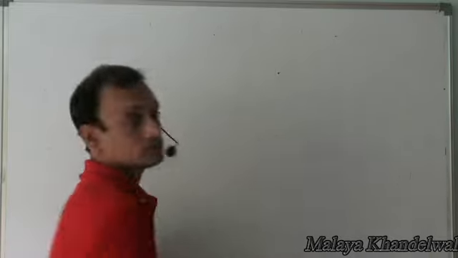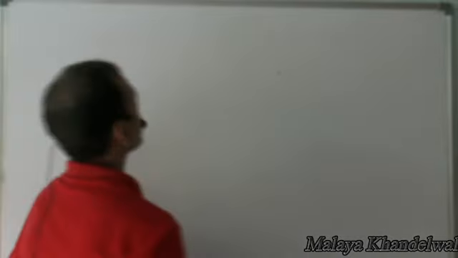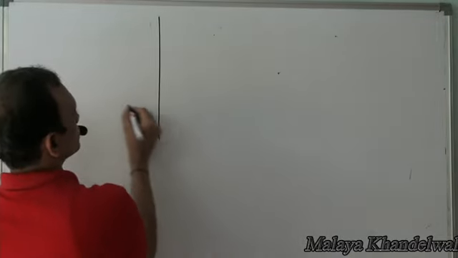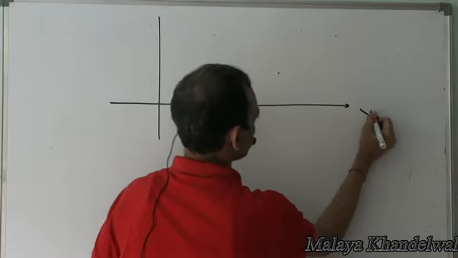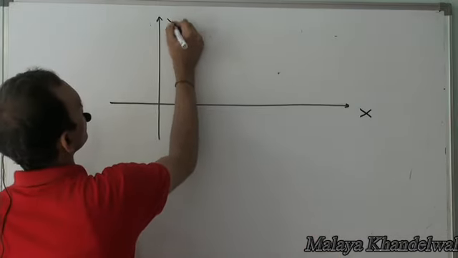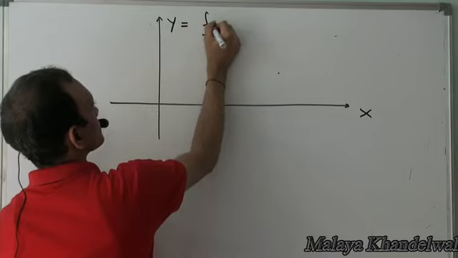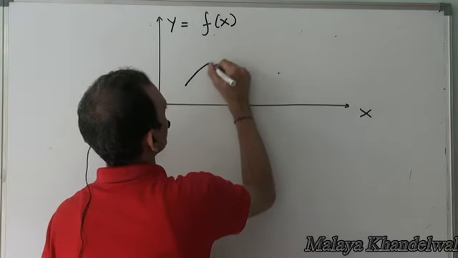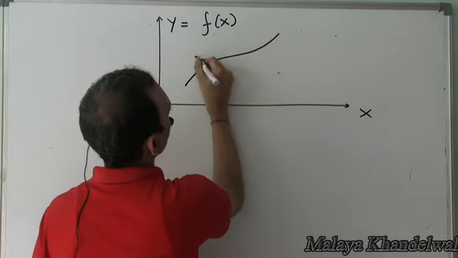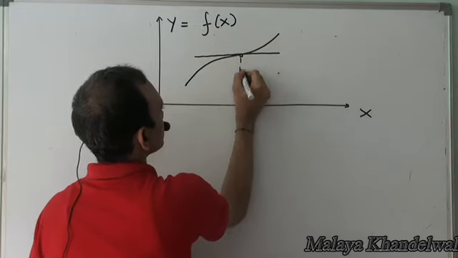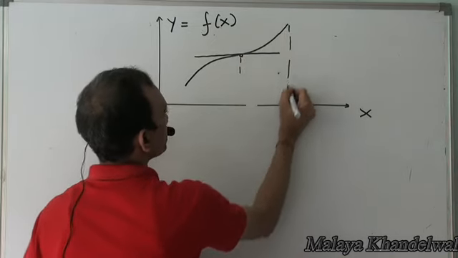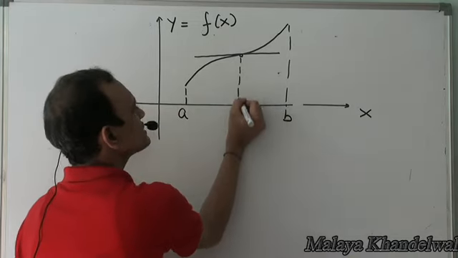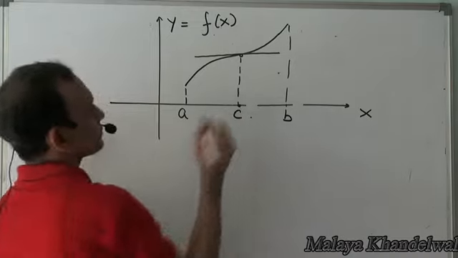In fact, let me also mention that if I have a function y equal to f x, and if one finds that in an interval a to b, say this is an interval a to b, if one finds a set of discrete points c.